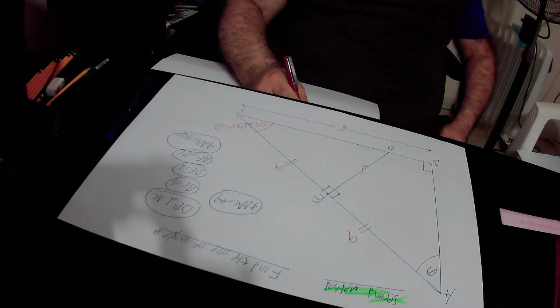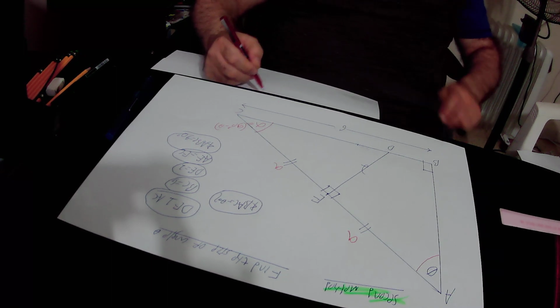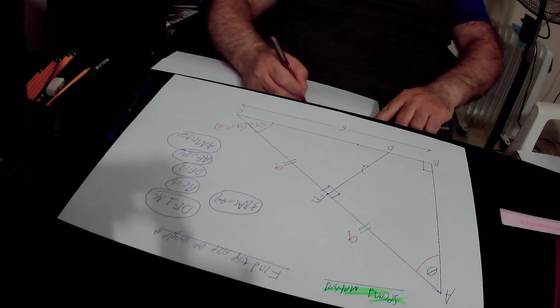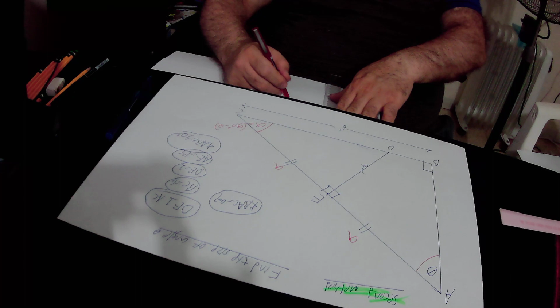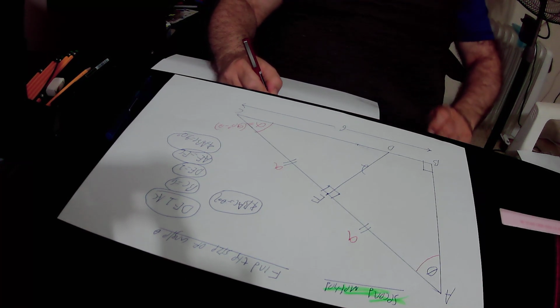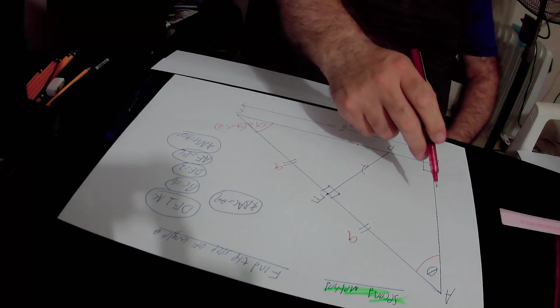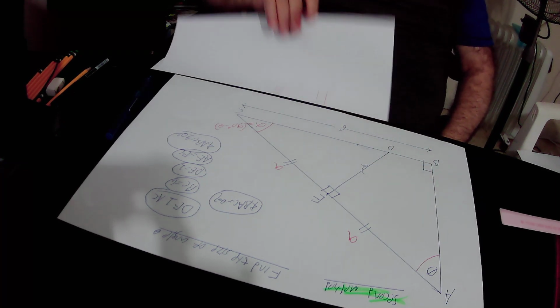So we have the right triangle, triangle ABC. We know that the hypotenuse AC equals a plus a, that is 2a.